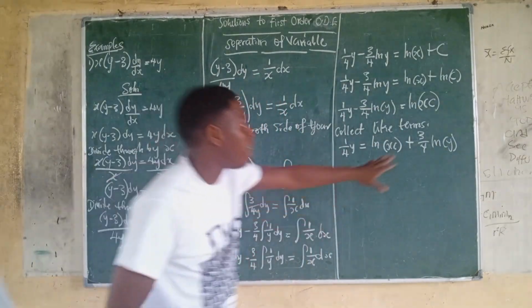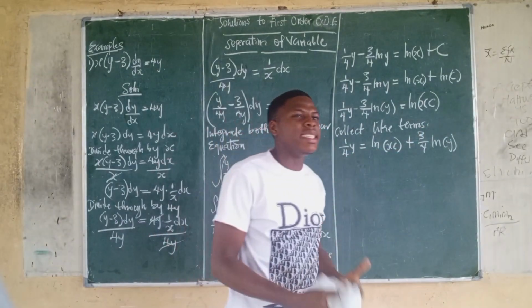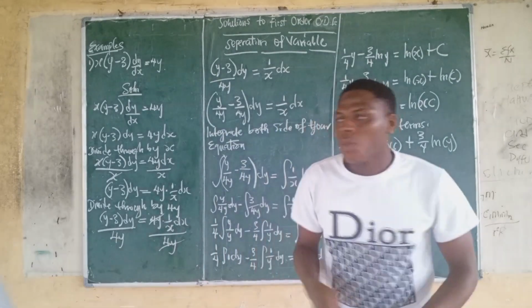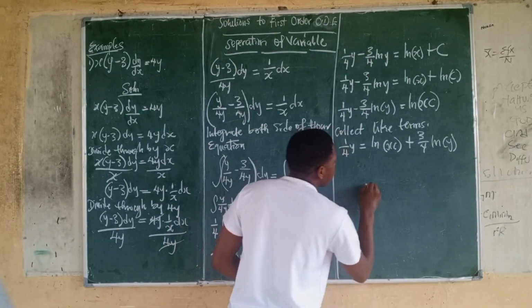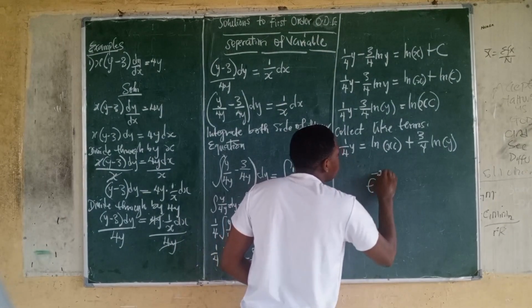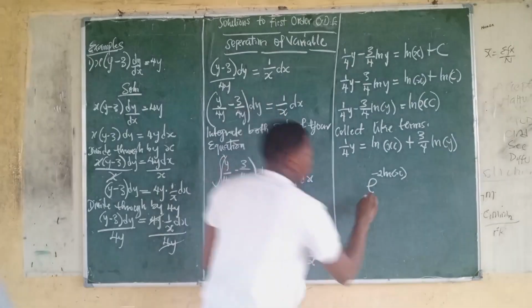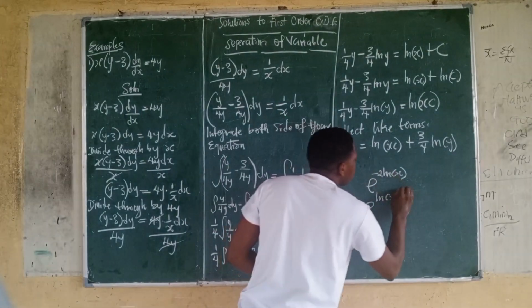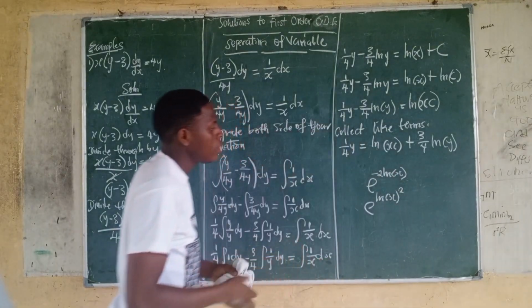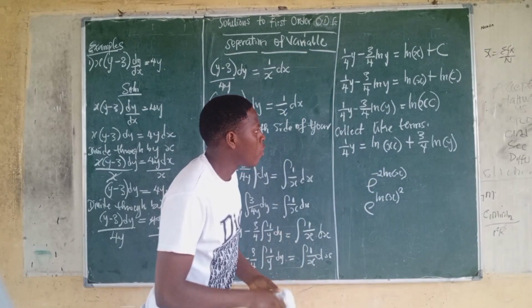We can still simplify this other side of the equation. You can remember when we talked about integrating factor, we did something that looks like this. We said when we have exponential minus 2 ln x, this can be written as exponential ln x raised to the power of 2. So can we apply the same concept here? We can apply the same concept.